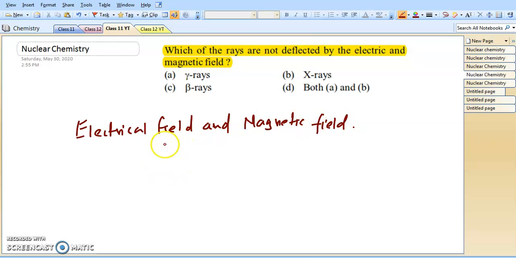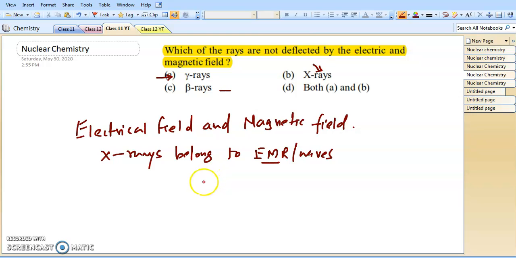Now, gamma rays are neutral. They don't have charge, neither positive nor negative. Beta rays are electrons. X-rays are also there. Which rays are not deflected by electrical and magnetic fields? X-rays belong to electromagnetic radiation or electromagnetic waves.